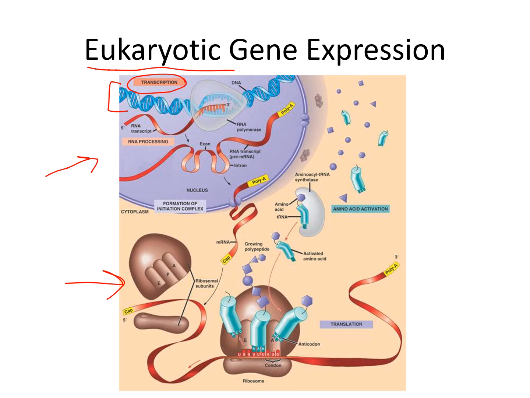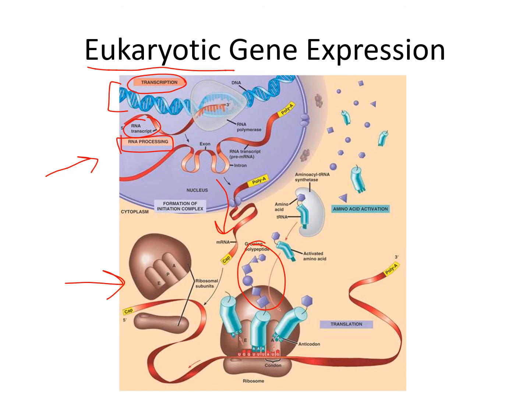So once transcription is performed, then that messenger RNA needs to be transported out of the nucleus where it can interact with the ribosomes and be translated into a protein. And in order to get the RNA transcript out of the nucleus, it has to go through RNA processing.